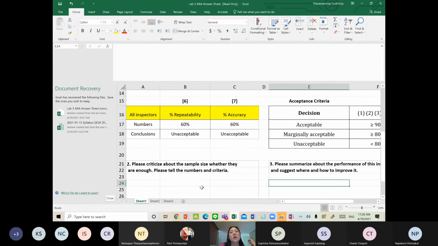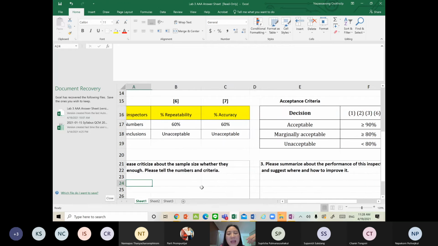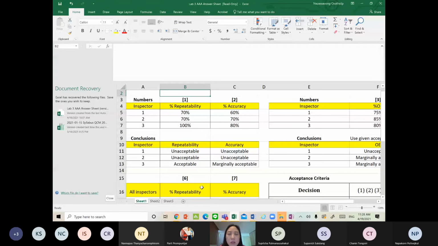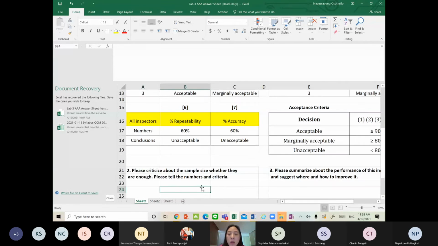I assigned this homework as a team, as a group work, but I really expect each one of you to practice the calculation by yourself and also answer questions 2 and 3 individually.